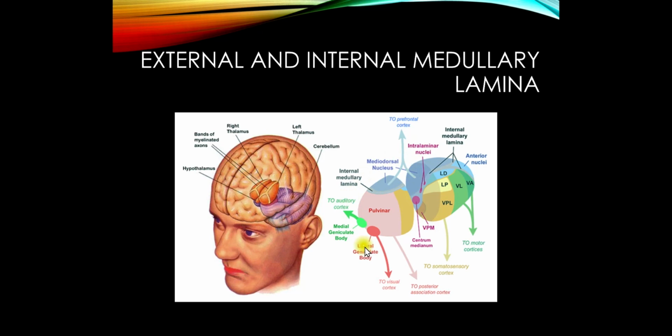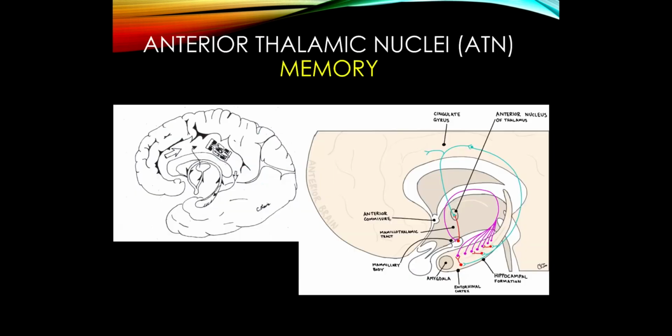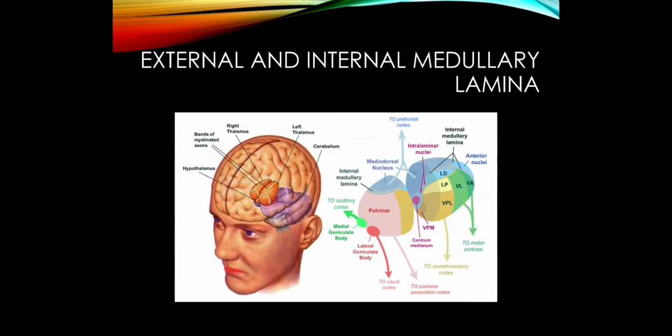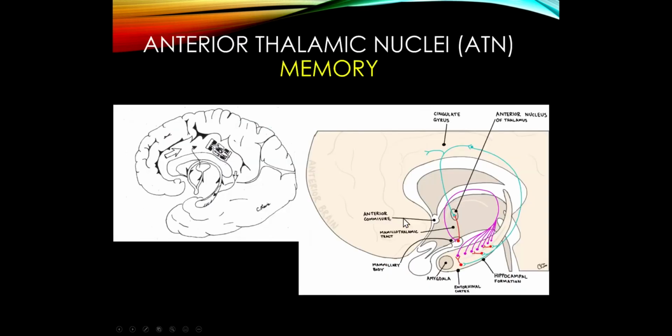Not really shown here is, around the thalamus, we have the external medullary lamina, and as we'll discuss, that has an important function. So we'll go through these by subdivisions. We'll start with the anterior nucleus, then we'll talk about the medial thalamic nuclei and the lateral thalamic nuclei.